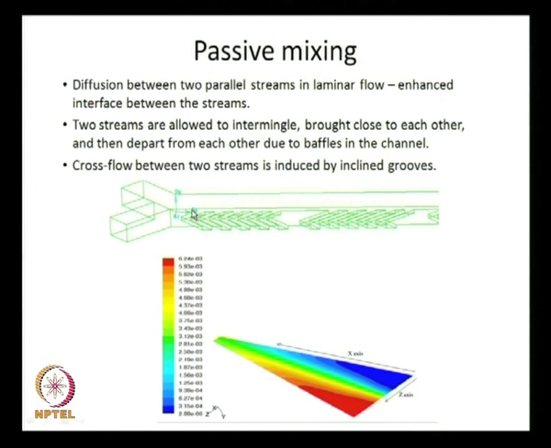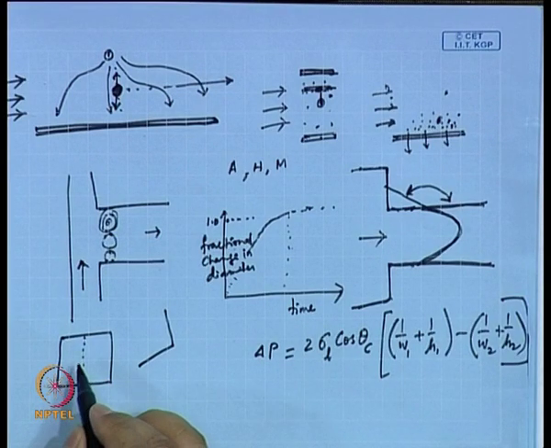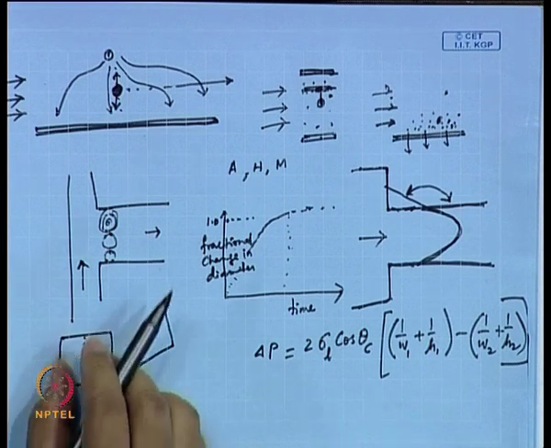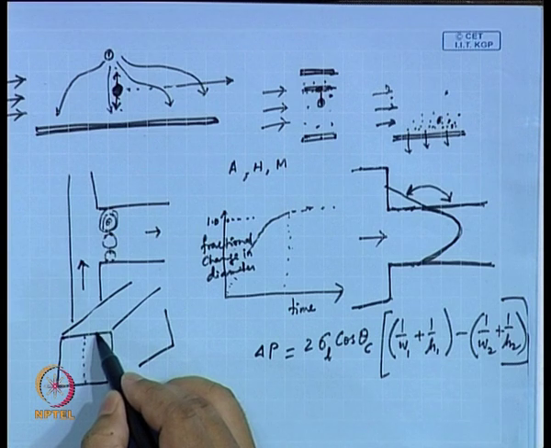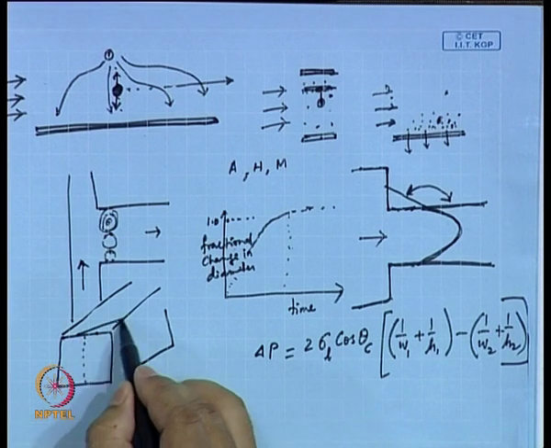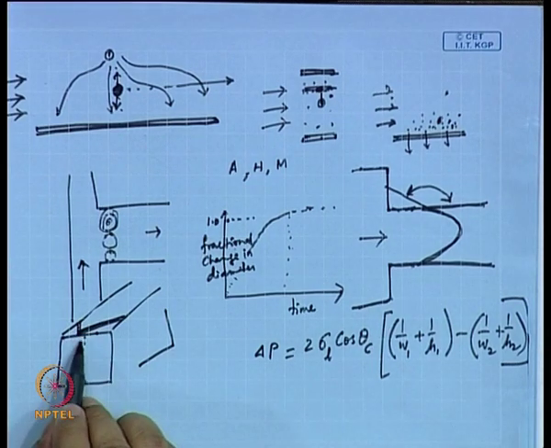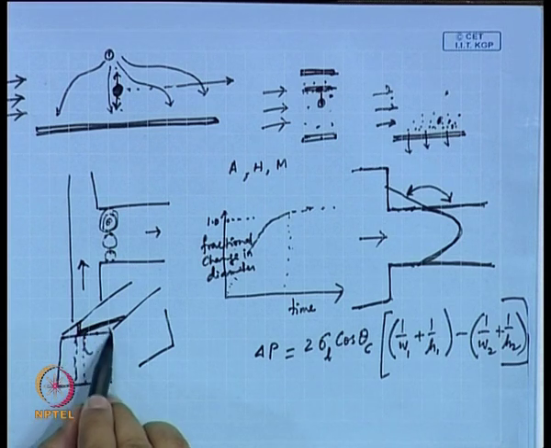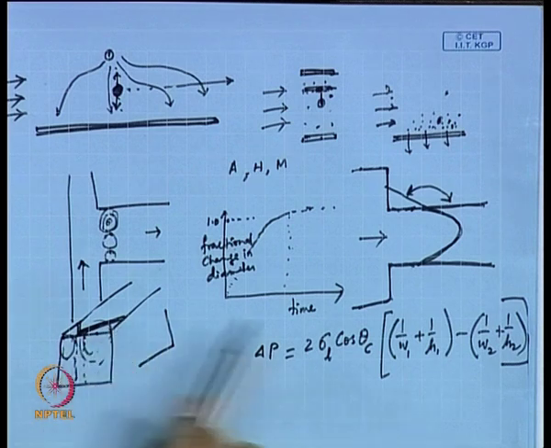What you are doing essentially is, if half of the stream was A and half of it is B and they are fed into the channel, then one groove is starting from here, and the other groove is in this direction. So, you have taken 2/3 and you are swirling here, and 1/3 you are taking and swirling here. That is what you are trying to accomplish through these grooves.